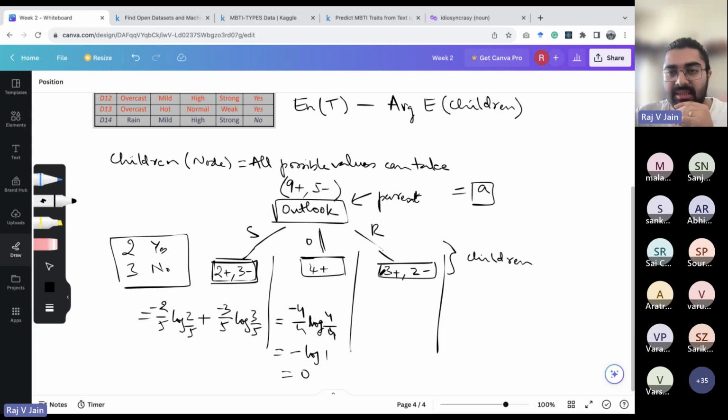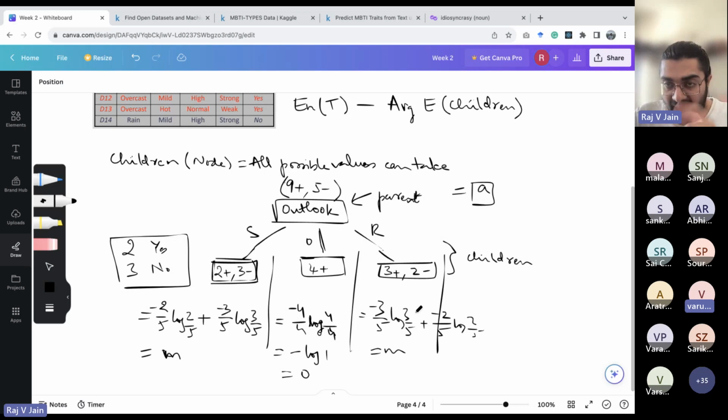Okay, yeah. And then the same thing here we will do for, let's say, the rain example of the outlook. And this will just be the same as this guy: minus 3 by 5 log 3 by 5 plus minus 2 by 5 log 2 by 5. So whatever value you get here, let's say some value m, you'll get the same value here, right?